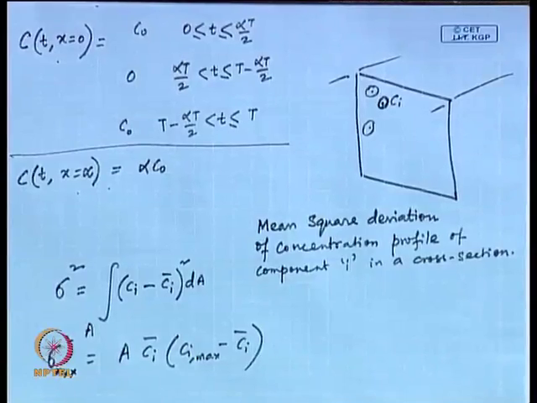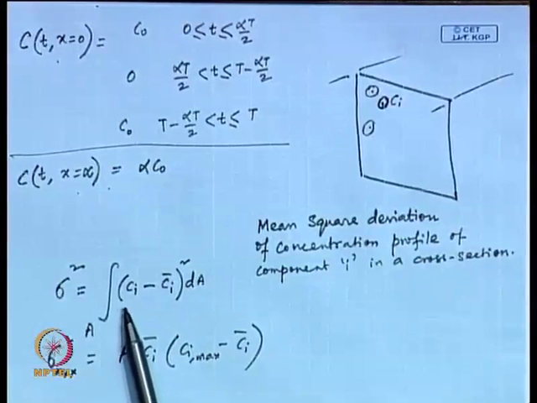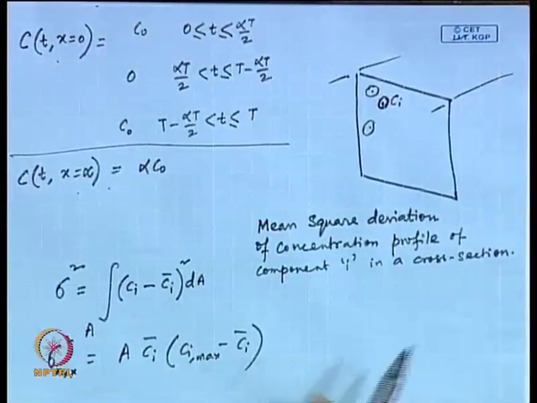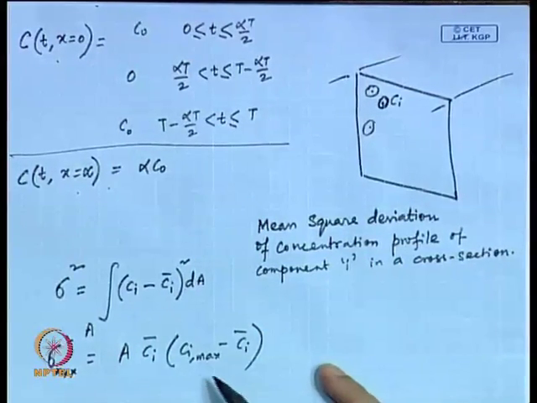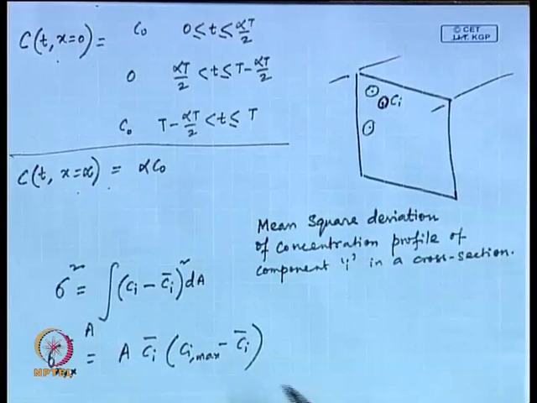At the inlet, what would be this quantity? Ci minus Ci bar whole square. Okay. So, suppose this is Ci max. At the inlet it would be either 0 or Ci max. If it is 0, then it is 0 minus Ci bar, or it is Ci max minus Ci bar. So, this is the maximum deviation that you can have.